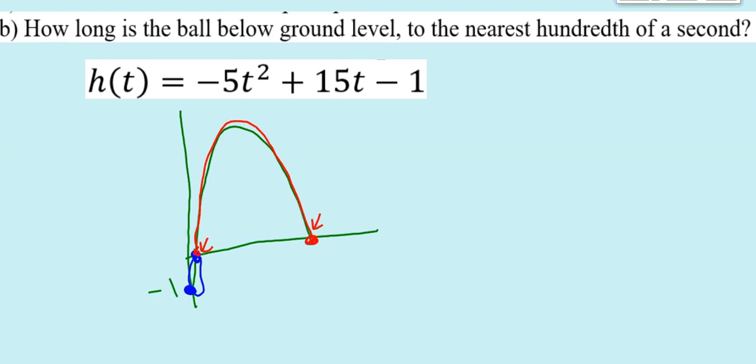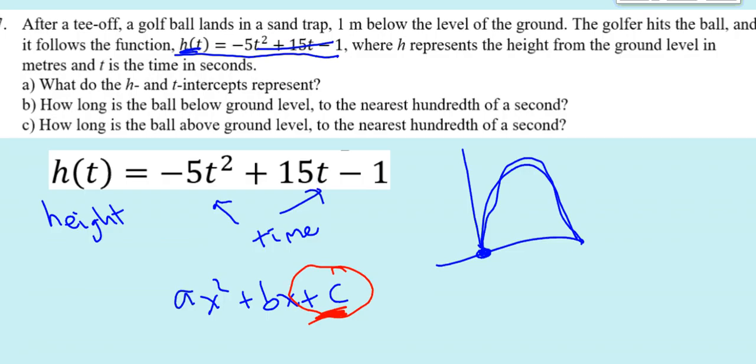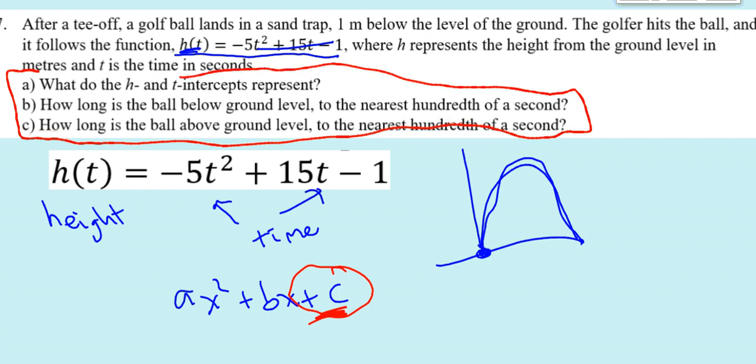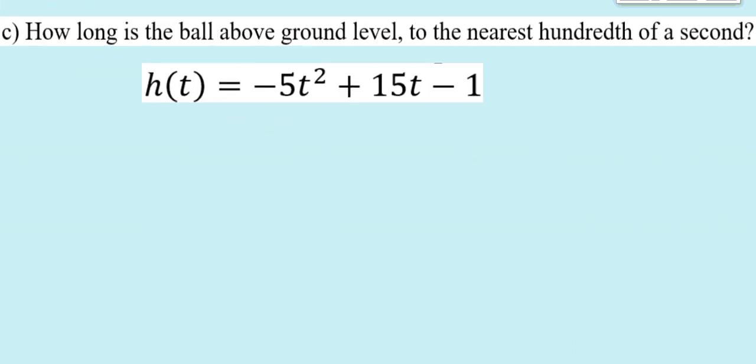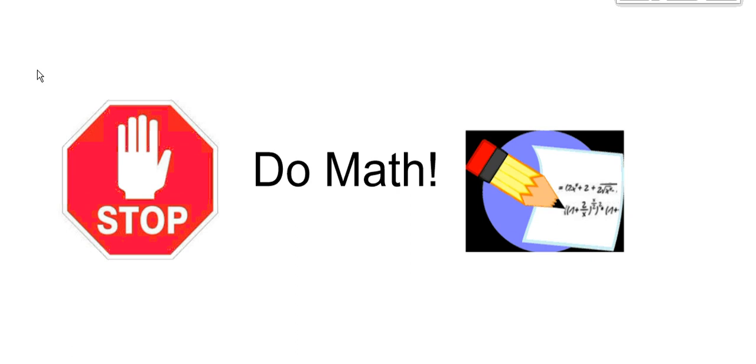Really, every part of this question, if I go back to the very first slide, every part of A, B, and C requires me to understand the T intercepts, and obviously the H intercepts. So it's a different type of question than the one we saw before. I hope that's good enough for you to now pause the video, try to answer the questions on your own, and then come back and check your work. So press pause.